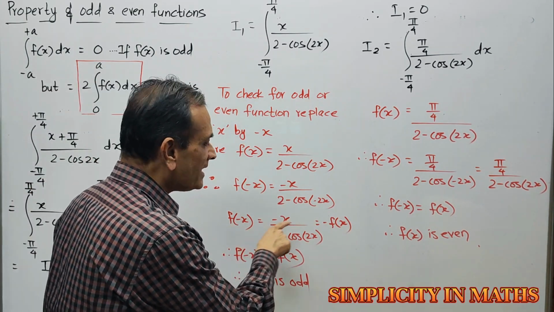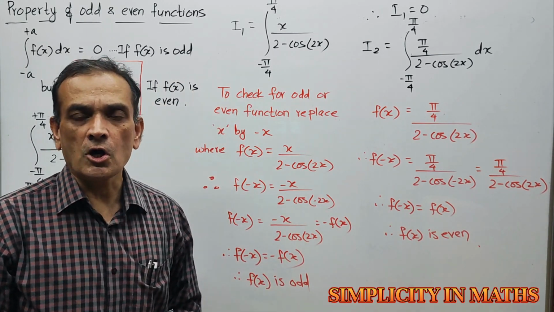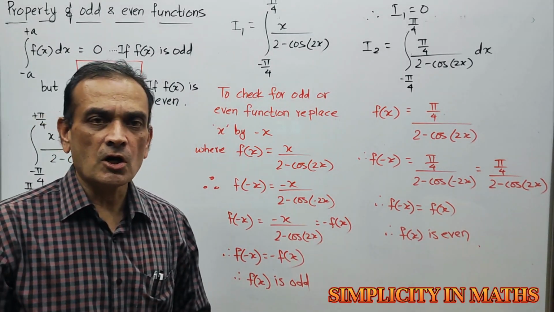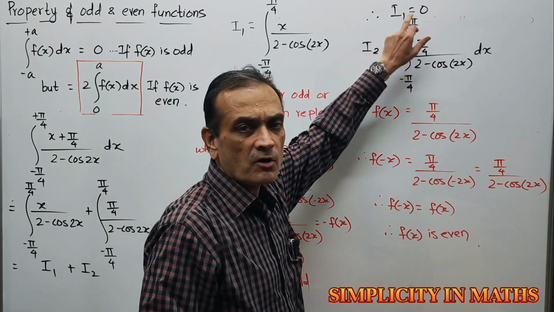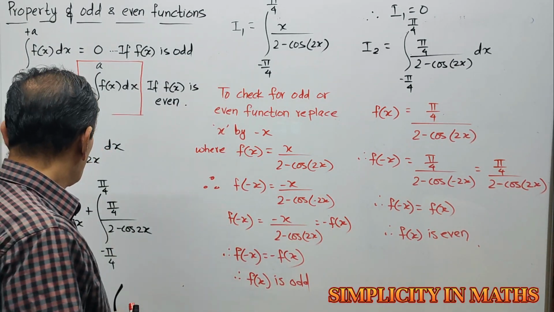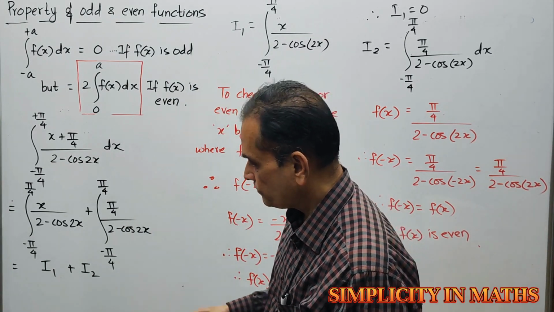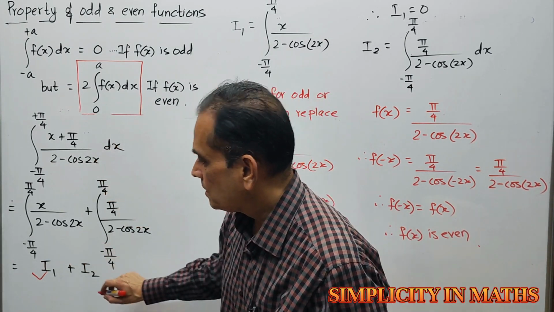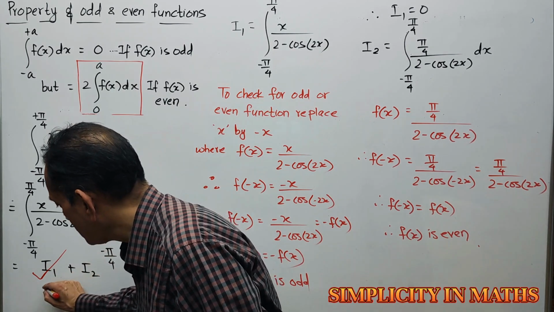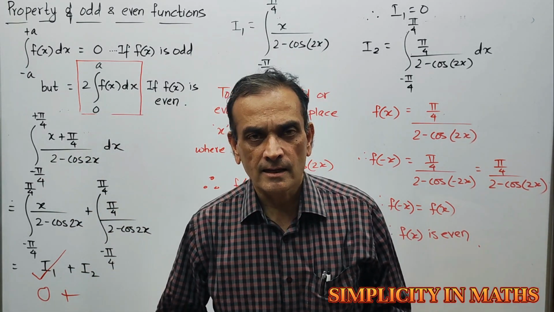So if you get f of -x equal to minus f(x), then the function is odd. And if the function is odd, answer for that integral is 0. I1 equal to 0. I1 का आंसर मिल गया है 0.